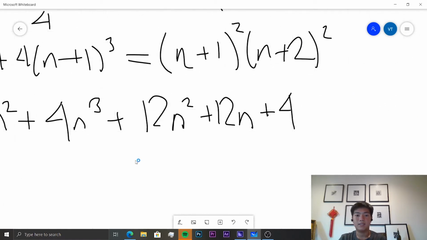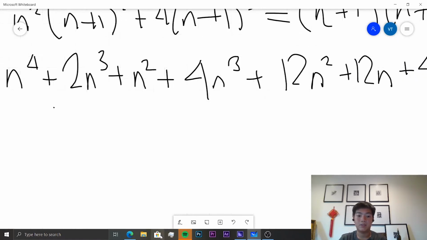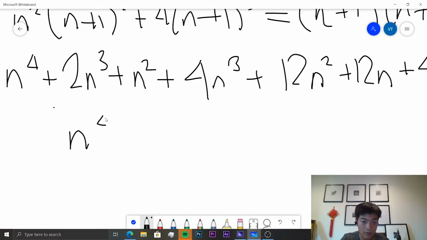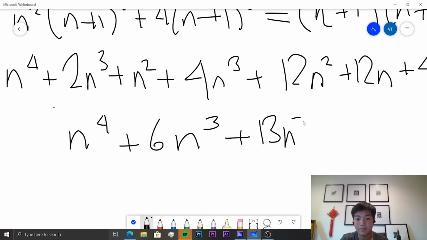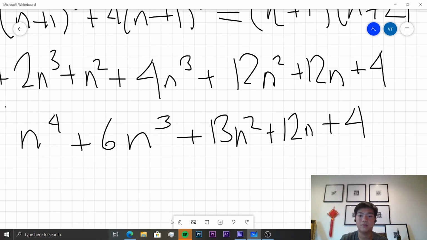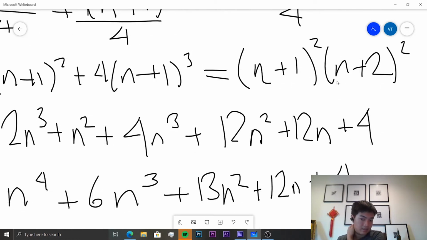Let's add up like terms. So we have n to the 4 plus 6n cubed plus 13n squared plus 12n plus 4, which should be equal to that.